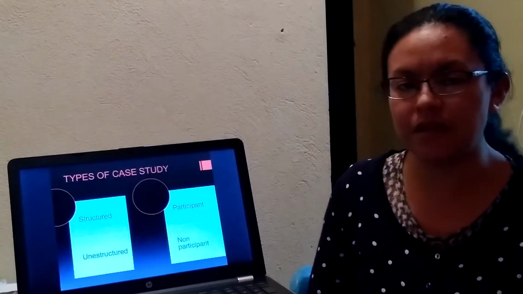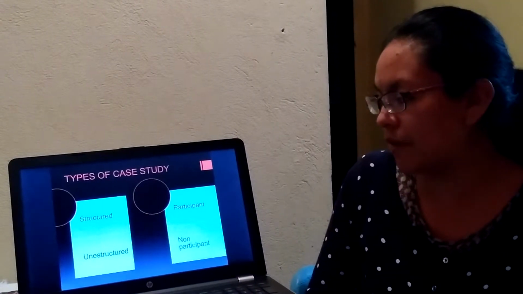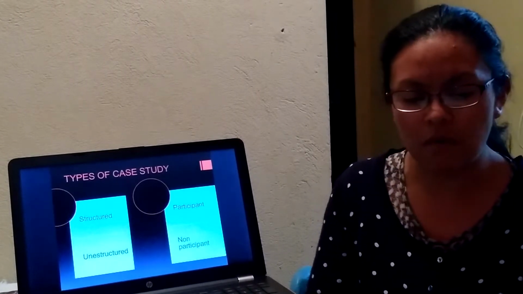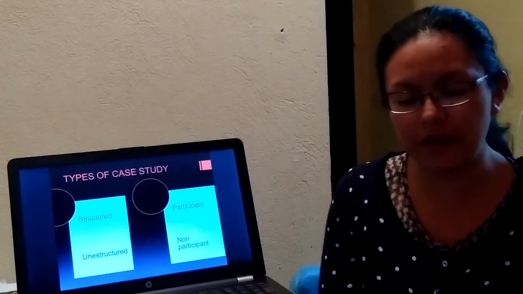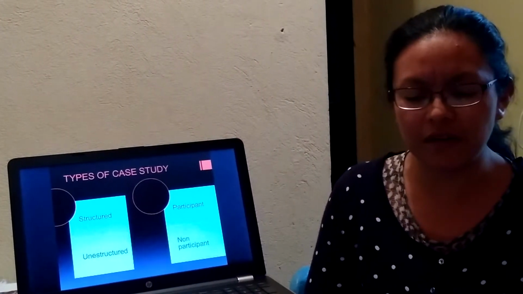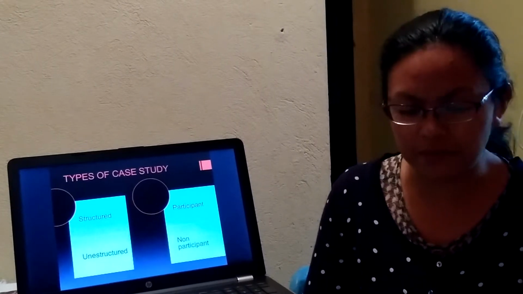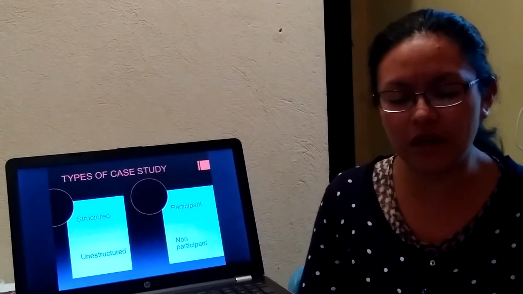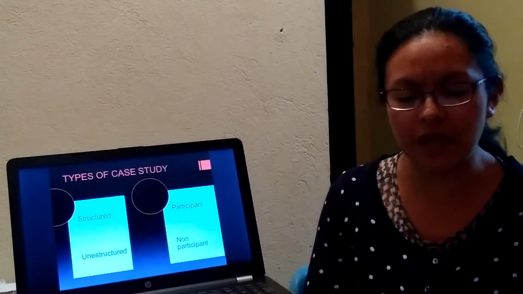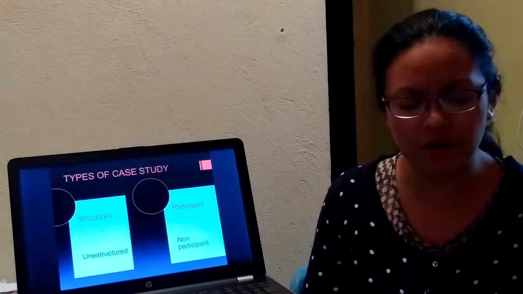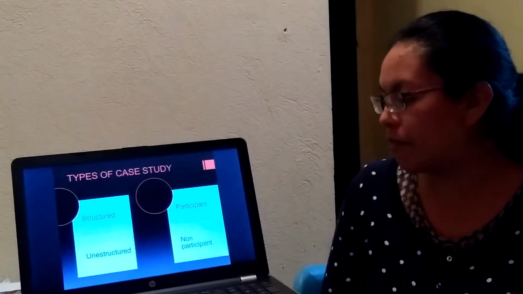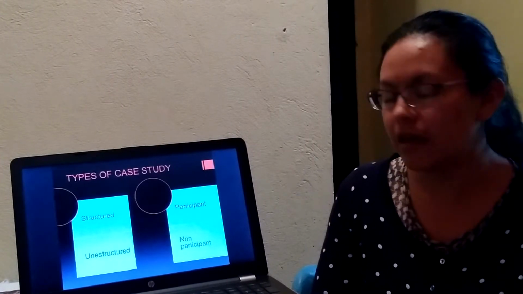Other types of case study are, for example, the structured and the unstructured one. The first one is precise, and the gathering of the data is quantitative. One example is a coherent study of coping with computers using highly structured observation schedules. Okay, we have also the participant and non-participant.